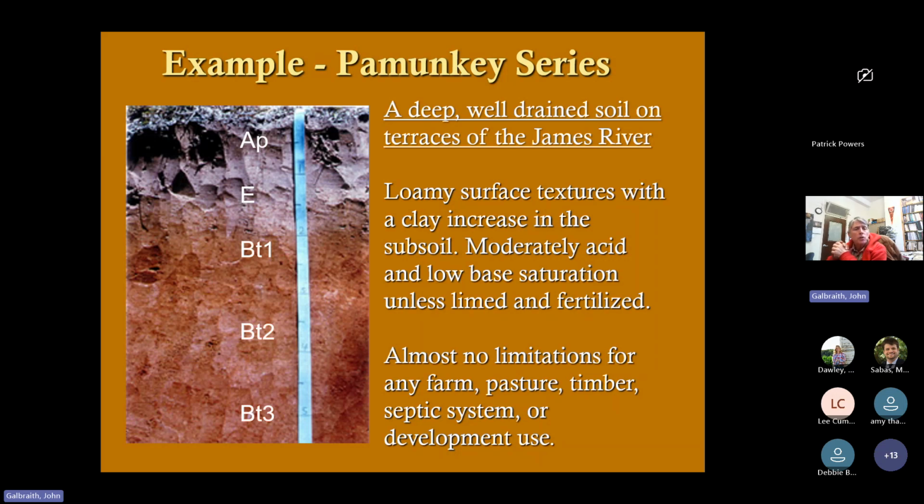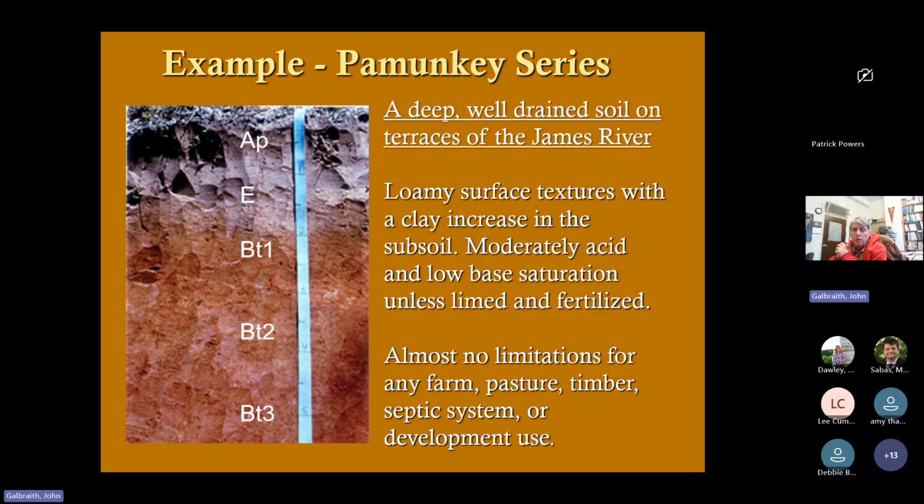The reason it's the state soil is because the James River drains all of the physiographic provinces, either in Virginia or West Virginia. And so that pulls in a mixture of soils from all over the state, dumps them out in the terraces of the James River. And so they thought that was the best representation.